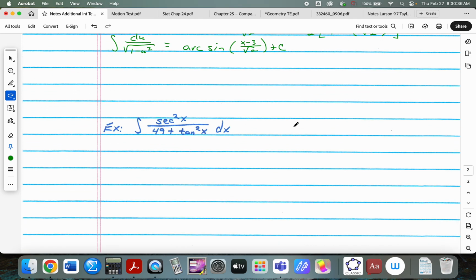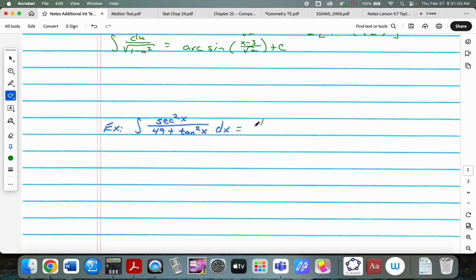And just to show you that it doesn't necessarily have to be polynomials that work this way, I give you this particular problem, and you're like, oh gosh, I really want it to be 1 plus something squared on the bottom. Well, it is 1 plus, got the 49. So let's factor out the 49 and see what we've got.